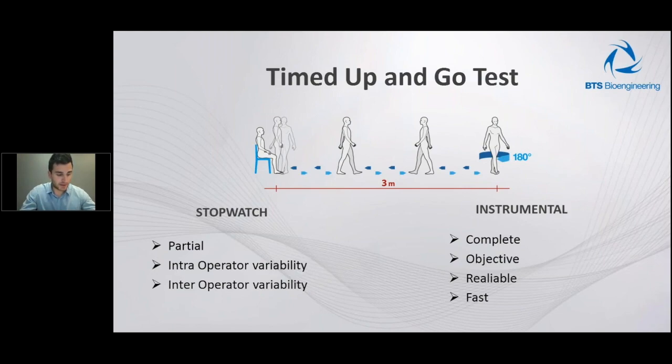New technologies, such as our product, the GWALK, for the digital quantification of movement analysis, allow the instrumented evaluation of the Timed Up and Go test. By performing the Timed Up and Go test with these technologies, the measurements obtained are objective, complete, reliable, and fast, because the report is automatically generated in a few seconds. And again, the test allows obtaining a lot of information useful in characterizing the patient situation.